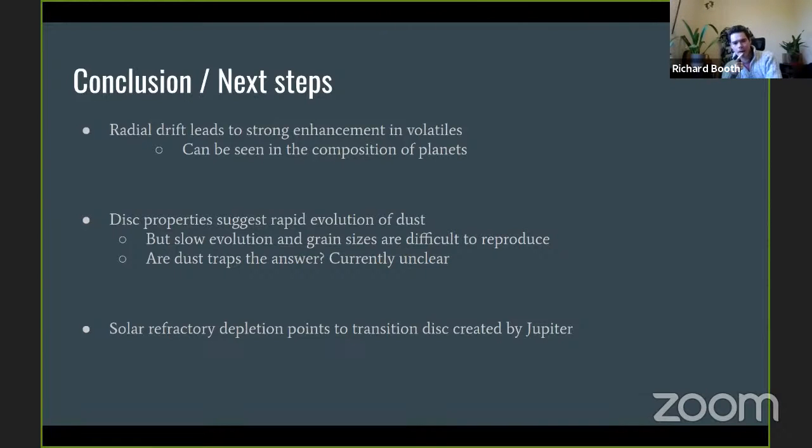So the grains will grow to some size, but that size will be relatively small because they'll be limited by the strong fragmentation that you get in the self-gravitating phase.